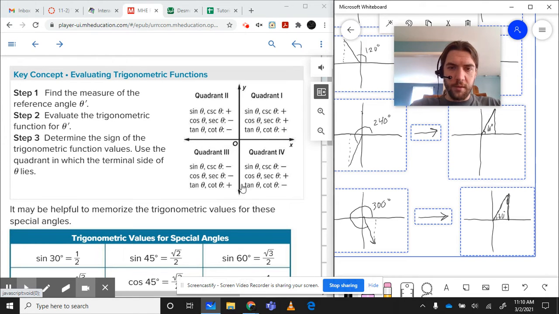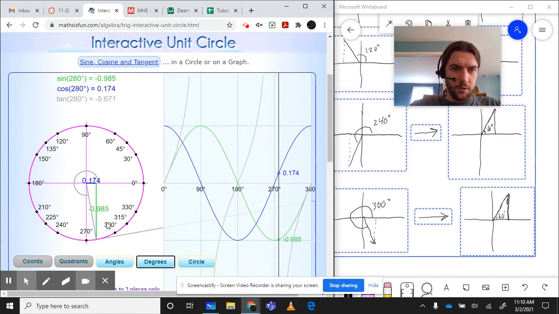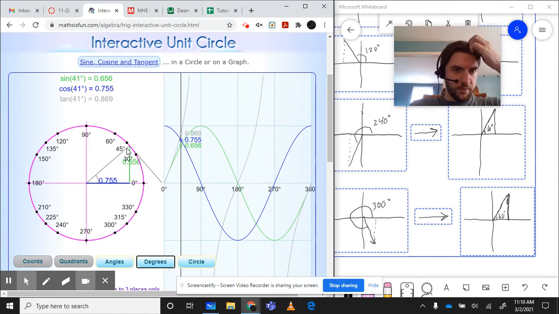They go through these and tell you what to expect. So if you're in quadrant 2, you're expecting your cosine and your secant to be negative. Now, this is a lot of stuff to memorize. And once again, once we get more comfortable with the unit circle, I want to remind you why this is called the unit circle.